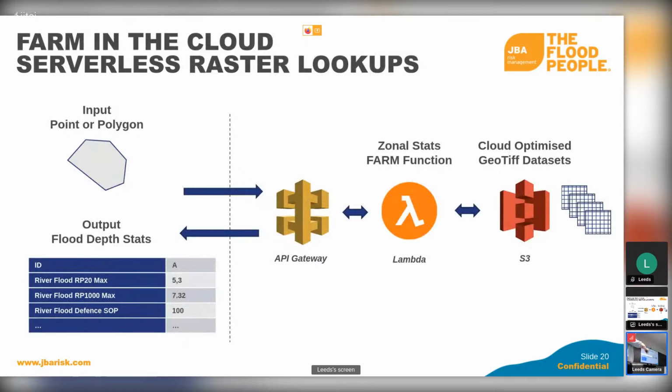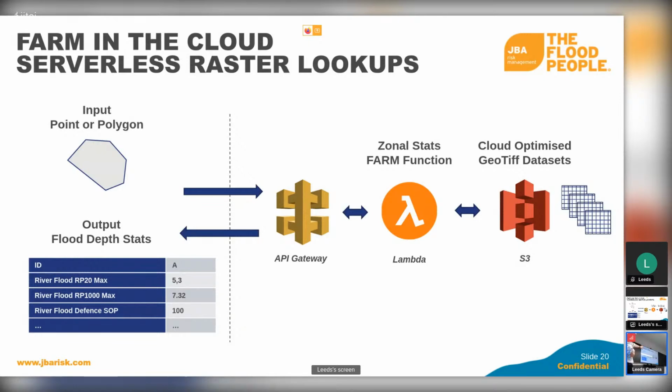So here's a core function for us. It's going back to that zonal stats function I mentioned before. We're taking an input polygon. We're using the AWS serverless toolkit. It runs through the API Gateway, which helps organize all the APIs. We've then wrapped our zonal stats function in a Lambda, which is a serverless cloud function. All of our data sets are held in Cloud Optimised GeoTIFFs on S3.